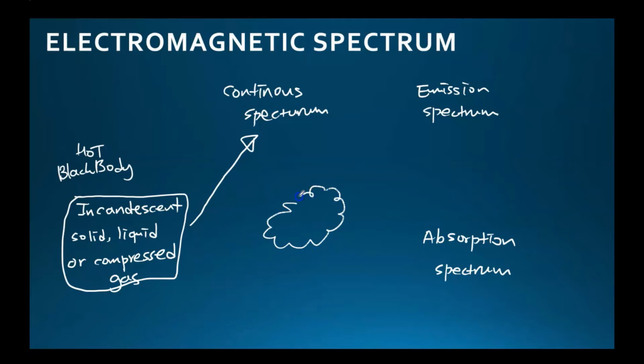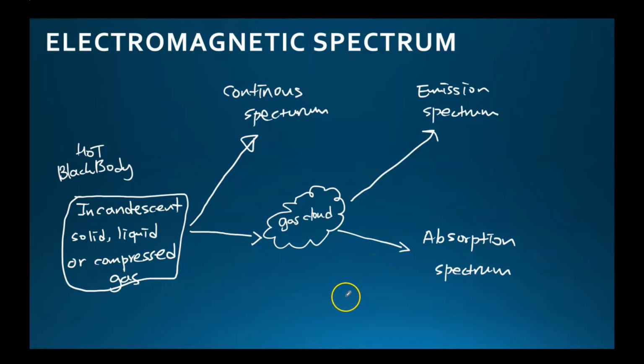The emission spectrum and absorption spectrum can be created by light passing through a gas cloud. So when this light goes through the gas cloud, we create the emission spectrum and absorption spectrum.